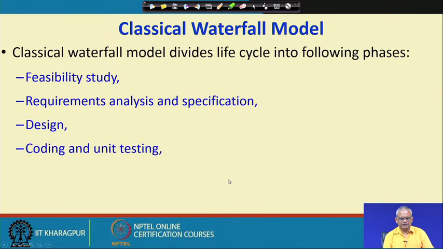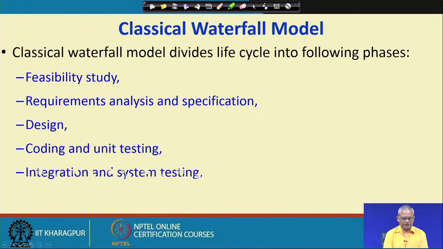Let us look at the phases in the classical waterfall model. Feasibility study, requirements analysis and specification, design, coding, unit testing, integration and system testing, and maintenance. This matches very closely to the intuitive development, how the development should proceed.